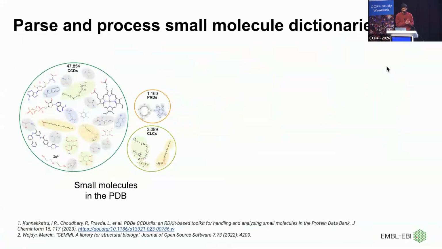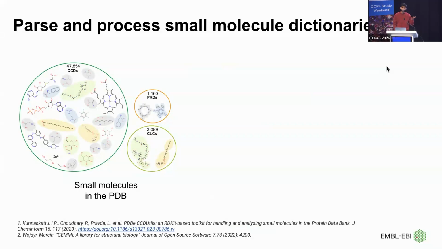For the rest of the talk, when I talk about small molecules, I'm talking about the entire set of these molecules, mainly CCDs. We have almost 50,000 CCDs now, and then PRDs, which are the biologically interesting antibiotics and inhibitors, and CLCs that we automatically generate. Those are the fragmented ones, and mostly they belong to carbohydrates.